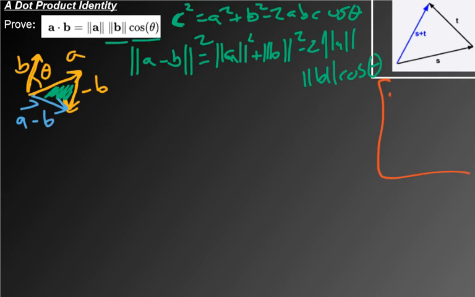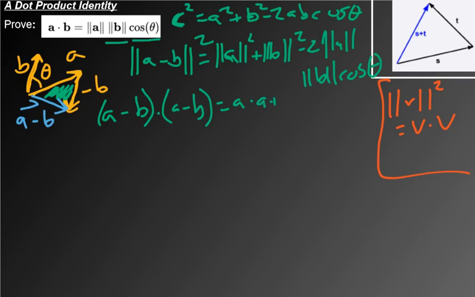Remember, the magnitude of any vector squared is equal to that vector dotted with itself, and we proved that last class. That means we can turn some of these magnitude squares into things like a minus b dotted with a minus b, which would equal a dot a plus b dot b, and then, again I need a little more room here, minus 2 times the magnitude of a, magnitude of b, cosine of theta.